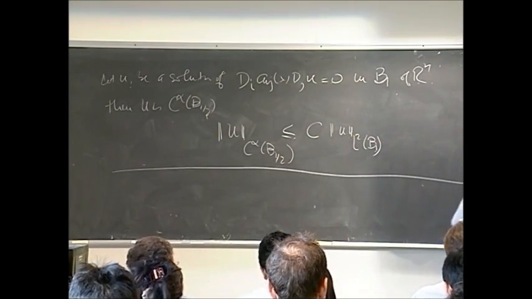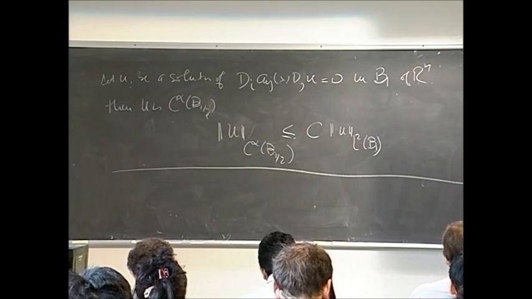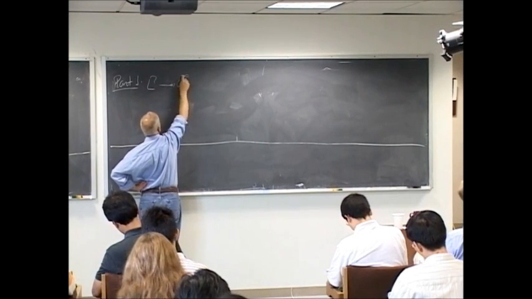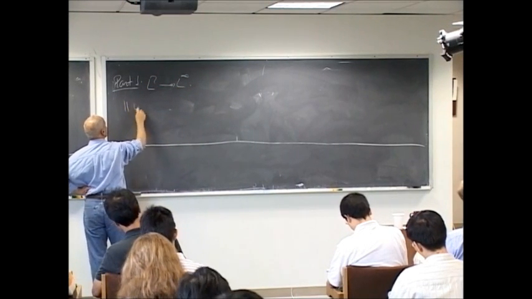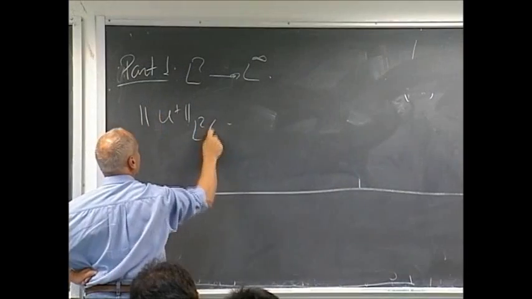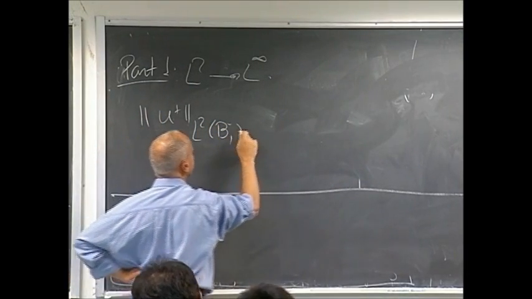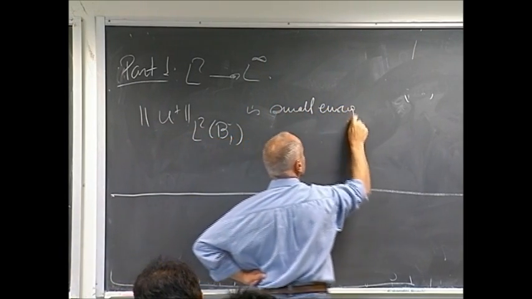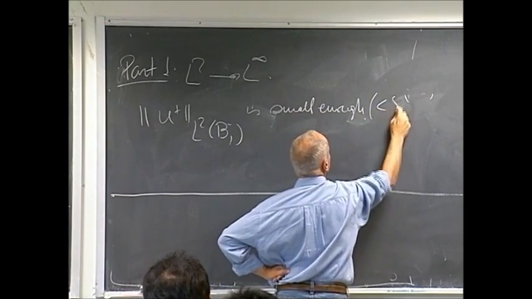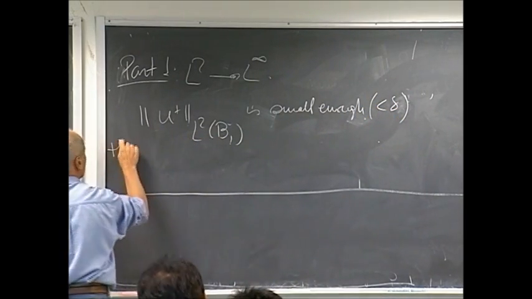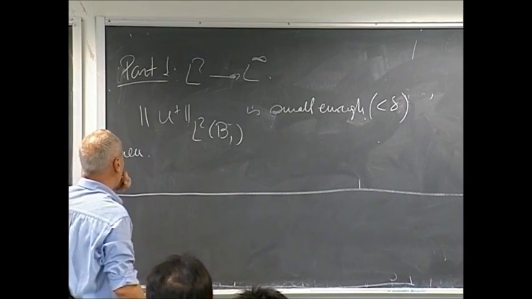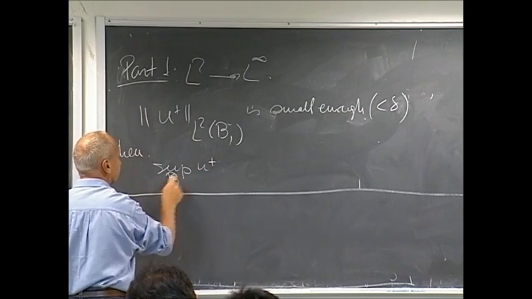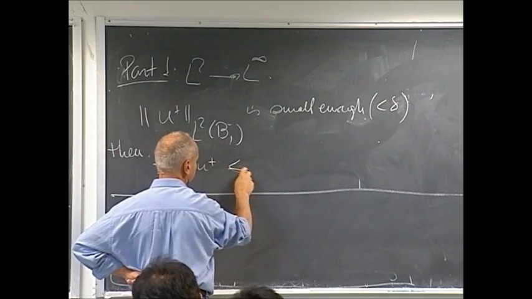Part 1 says that if the L2 norm of u plus in the ball of radius 1 is small enough, then the sup of u plus in B1/2 is smaller or equal than 1.